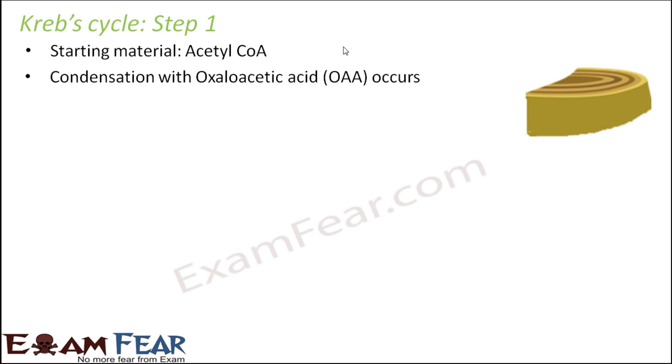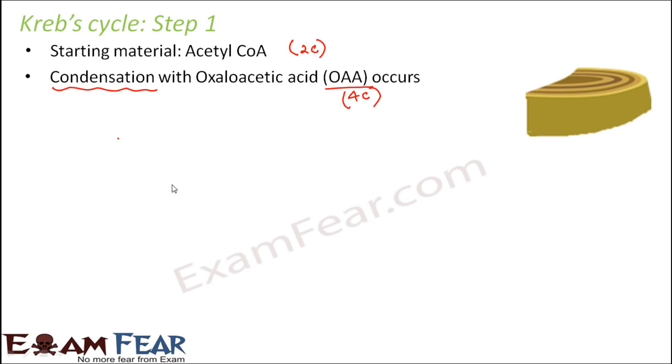When I say condensation, it basically means that oxaloacetic acid and acetyl coenzyme A will combine together to form a new compound. Acetyl coenzyme A is a 2-carbon compound and oxaloacetic acid is a 4-carbon compound. When condensation takes place between a 2-carbon compound and a 4-carbon compound, what is expected? Right, a 6-carbon compound will be formed.